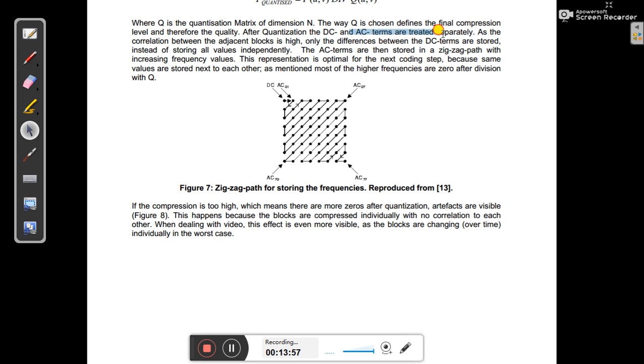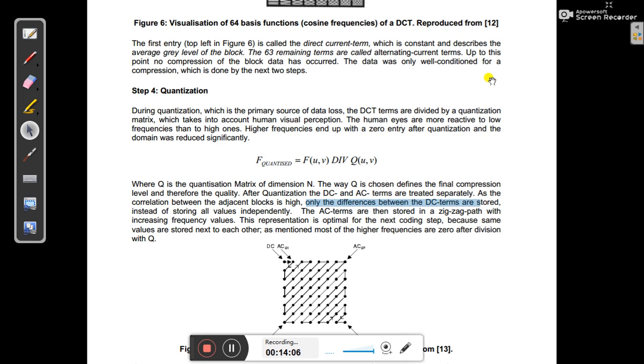DC and AC terms are treated separately, as the correlation between adjacent blocks is high. Only the differences between DC terms are stored, instead of storing all values independently. The AC terms are stored in a zigzag path with increasing frequency values. This representation is optimal for the next coding step, because the same values are stored next to each other.